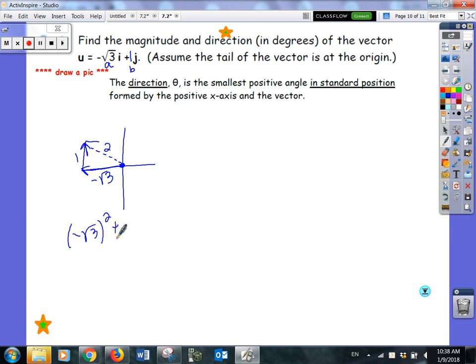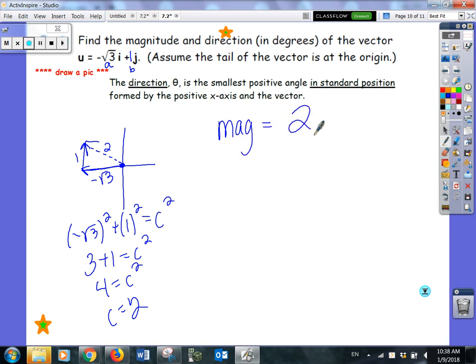Negative root 3 squared plus 1 squared equals c squared. 3 plus 1 equals c squared. 4 equals c squared, so c is equal to 2. So again, if you don't recognize it, if it's not a triple, you can always fall back to the Pythagorean theorem when you have a right triangle. So we found the magnitude. The magnitude is 2. And now we have to find the direction.